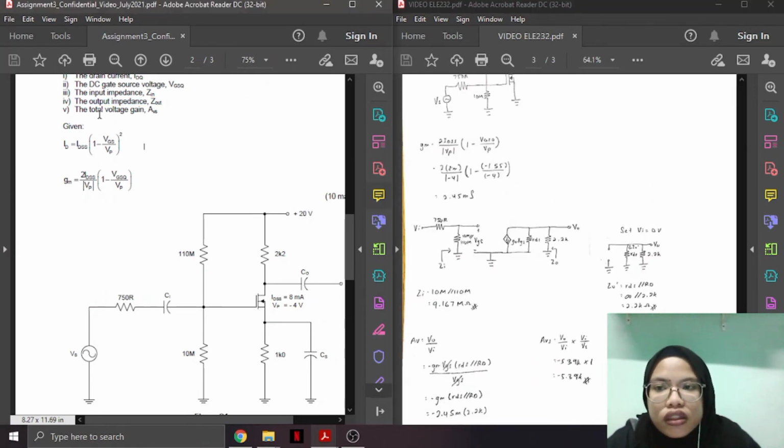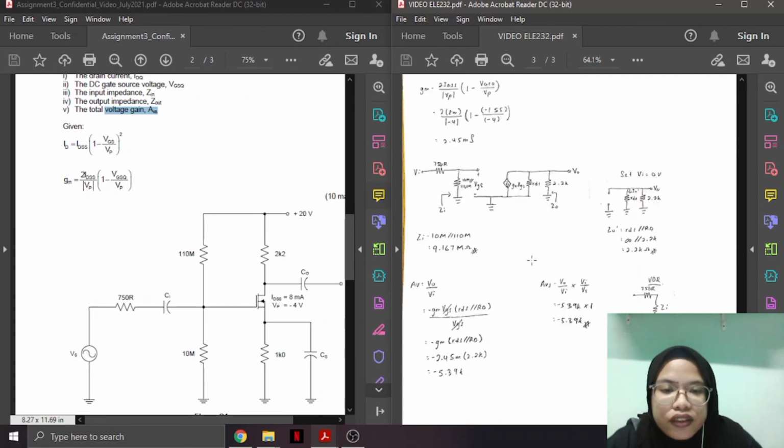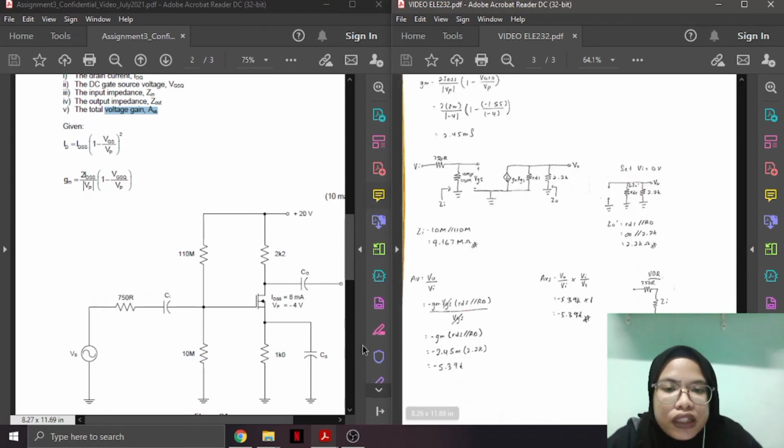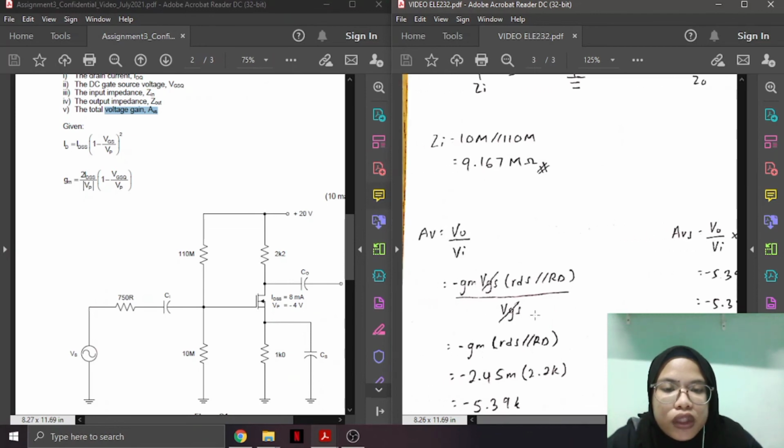And for the last question, we need to find the total voltage gain AVS. Before finding AVS, we need to find the AV. The formula for AV is Vout over Vin.